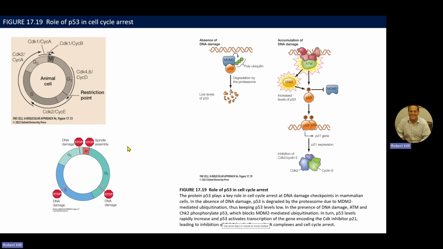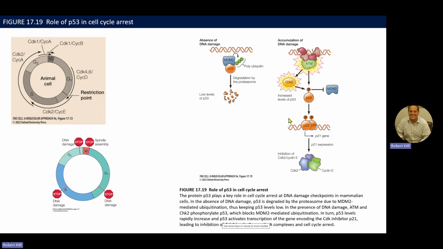Okay. All right. Last slide in this lecture. You can see here in undamaged cells, MDM2 keeps P53 levels low by tagging it with ubiquitin and targeting it for degradation by the proteasome. However, as the cell accumulates DNA damage, phosphorylation by ATM and CHEK2 disrupts the process. Phosphorylated P53 can't be ubiquitinated by MDM2.